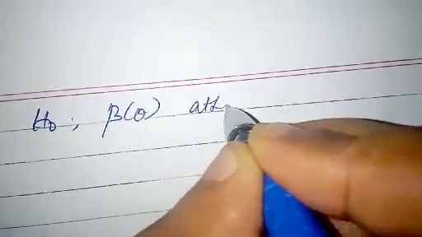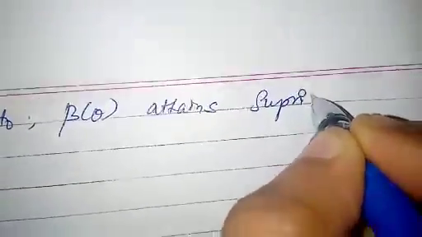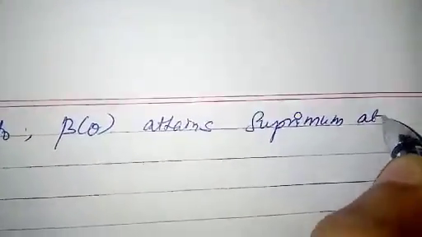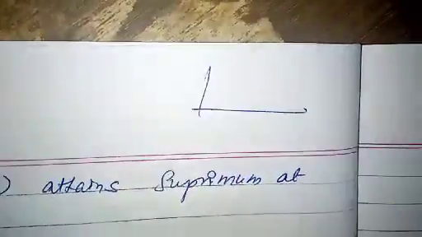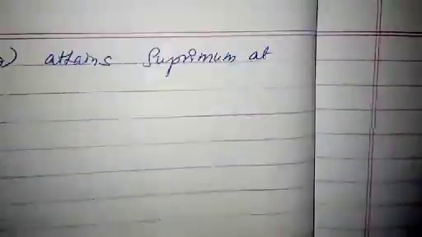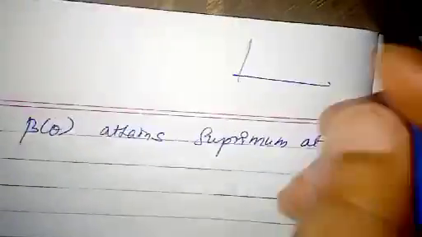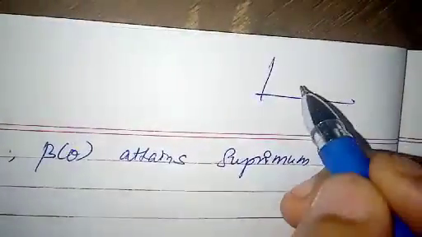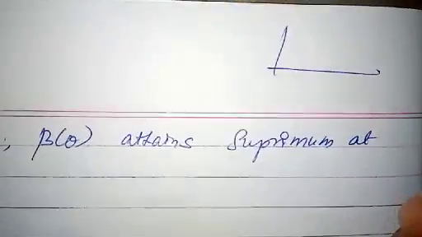So under H naught, beta of theta attains supremum at which value? Here beta of theta is a non-increasing function, that means it is a decreasing function, right? And what is the null hypothesis here?